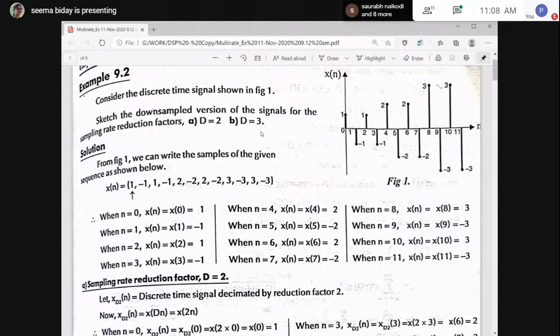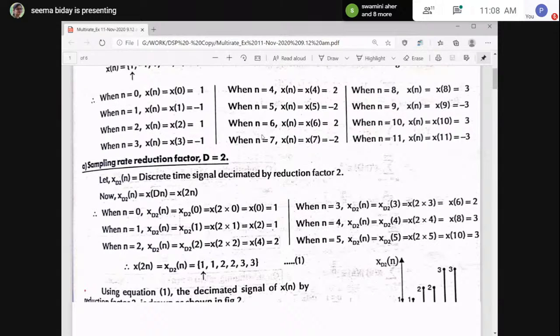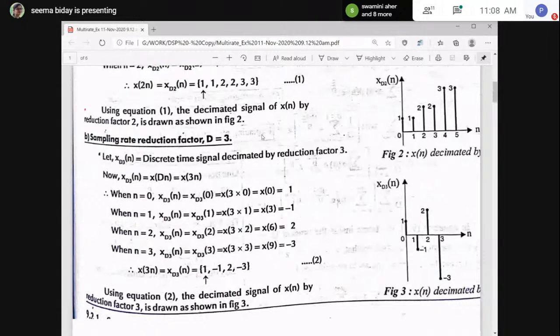In decimation you are removing samples. In the upsampling, you are inserting zeros, right? And also, we have seen frequency domain analysis of the upsampler, and we concluded that there are multiple images in the spectrum of the upsampler.